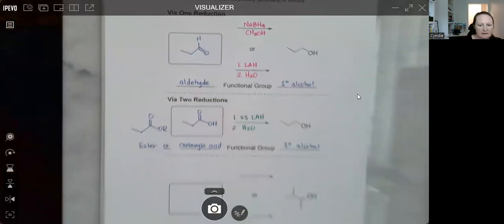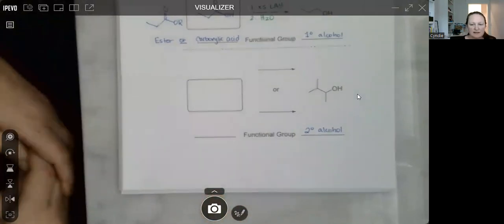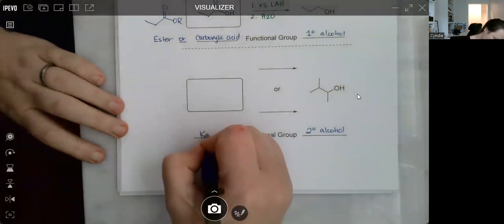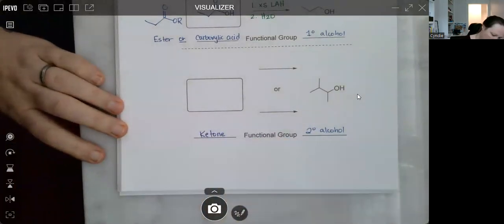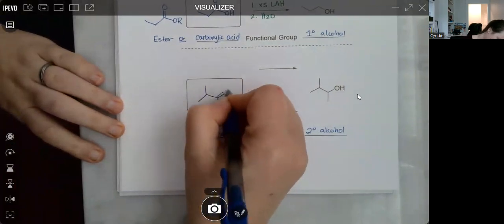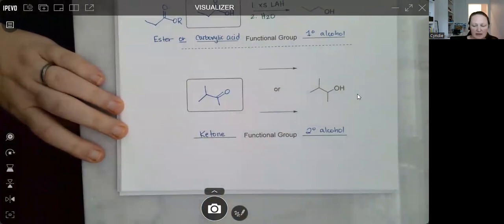All right. Moving on to the formation of the secondary alcohol, we would reduce ketones to a secondary alcohol. We want to draw the ketone in the box here. That can be reduced and then draw in the reagents.